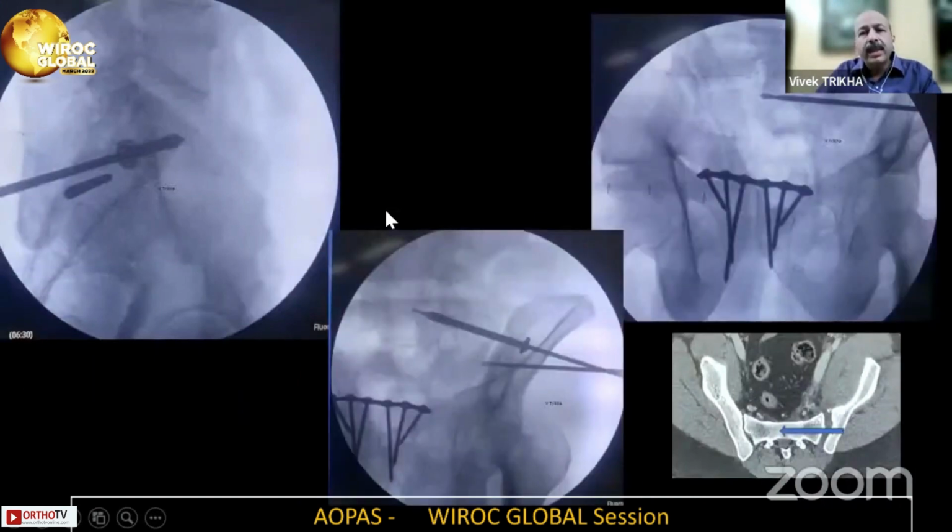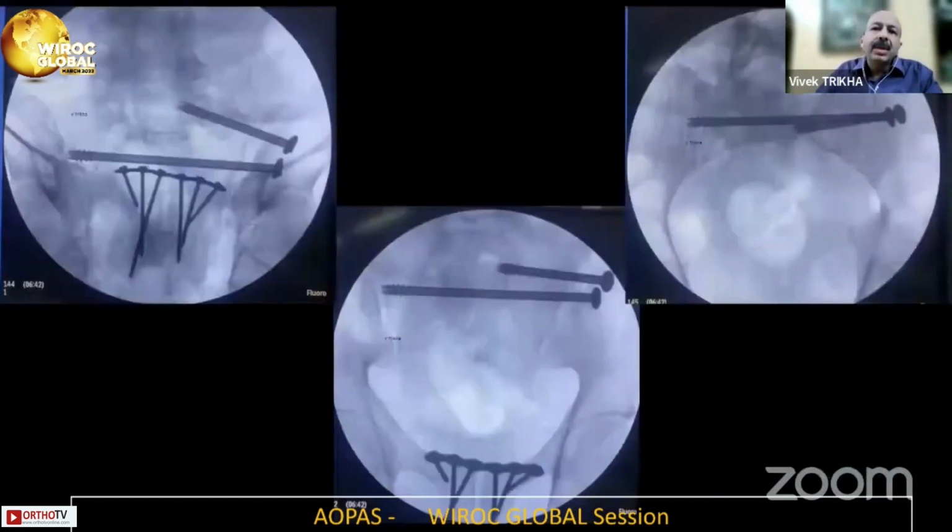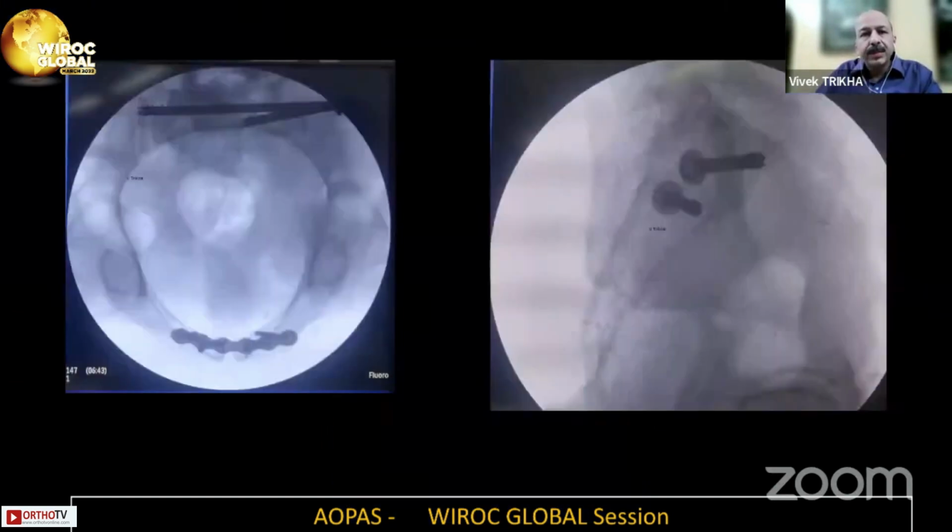Once we have put that, we go in for the S2 corridor, where the S2 foramina and the vestibule or the corridor is huge and wide, which we had seen on the CT scans. Then the screw as a neutralizing and compression screw is put in the S2, which gives us a transsacral or transiliac long screw, which gives us a good reduction and a good stable fixation of the posterior side.